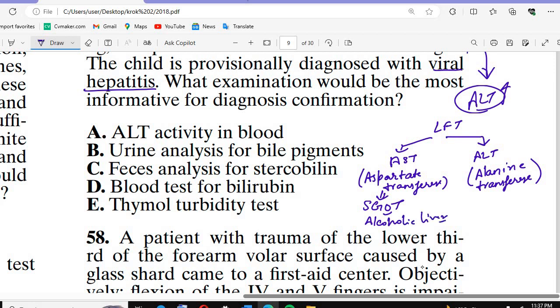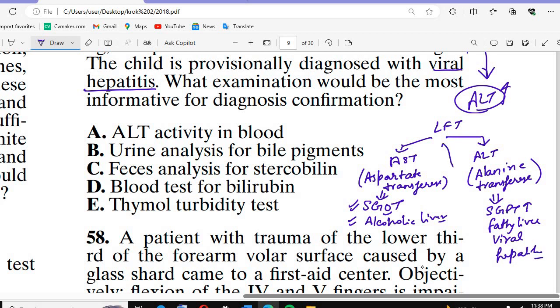This AST or SGOT will be increased in case of alcoholic liver disease. In ALT we see the SGPT level will be increased, and this is seen in fatty liver and viral hepatitis.